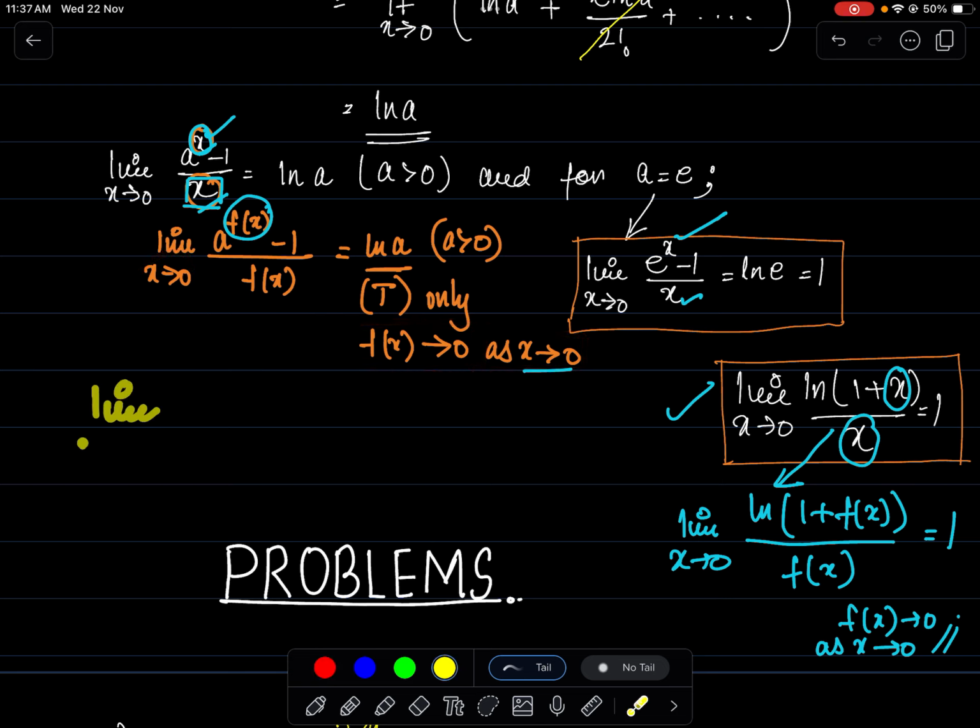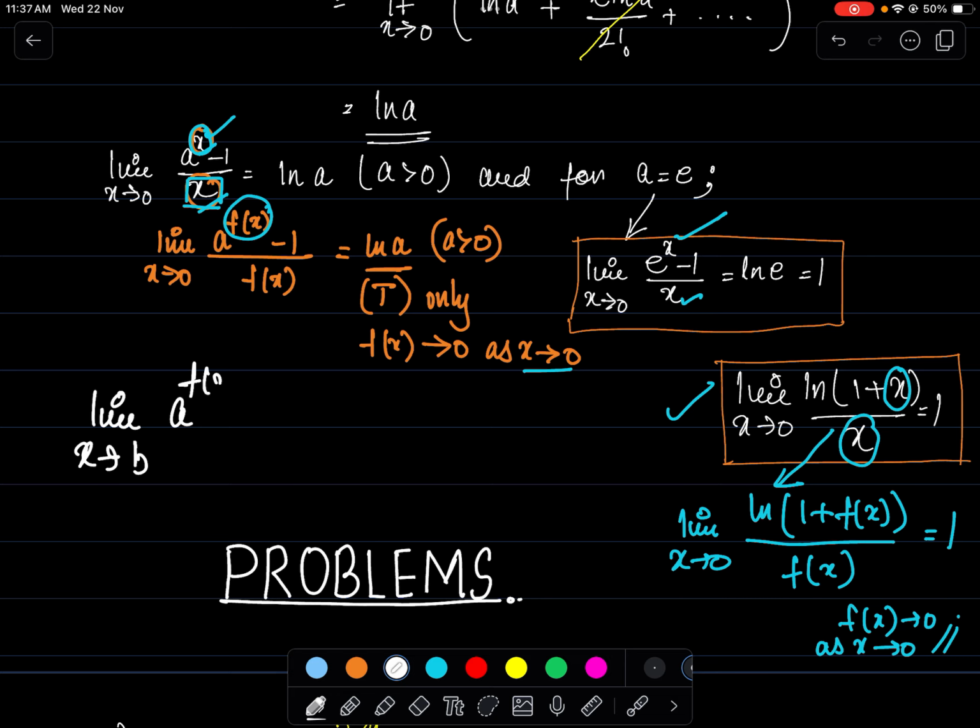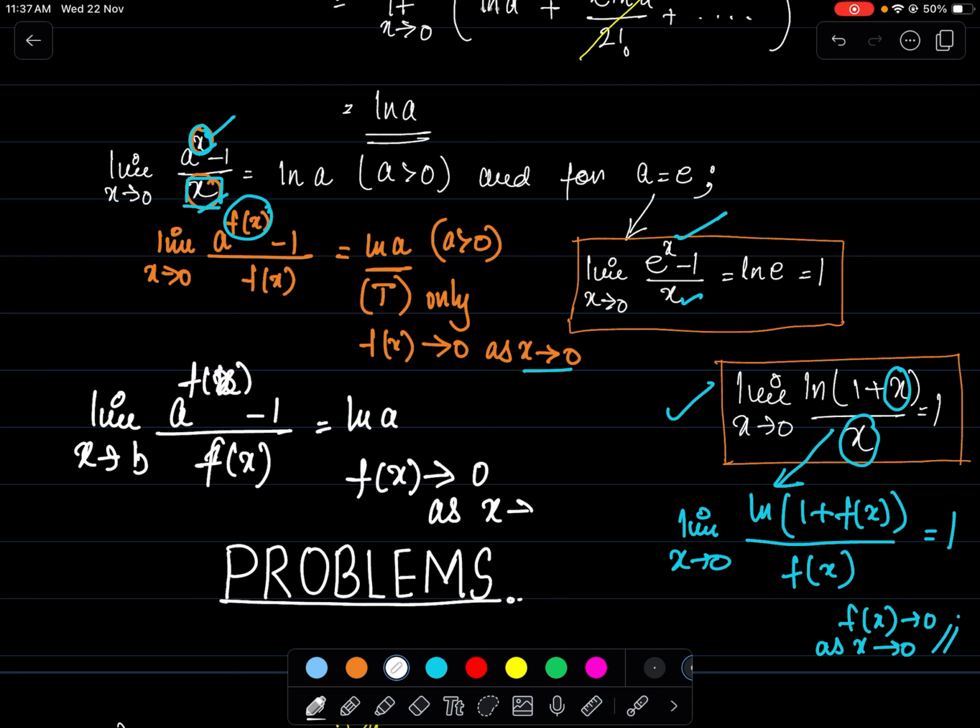Even if you have, let's say, limit x tends to b, (a to the power f of x minus 1) by f of x, then it is equal to ln a if and only if f of x goes to 0 as x tends to b. So when the limit is going to whatever value is mentioned here, not necessarily 0, any value, then f of x should go to 0. This we have just now observed, right, in case of tan also.